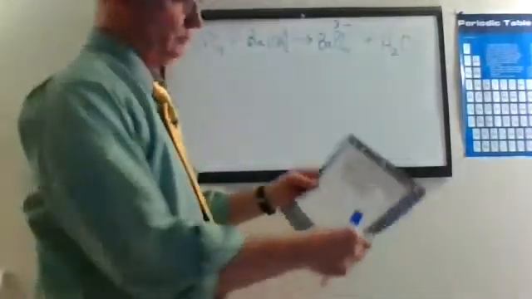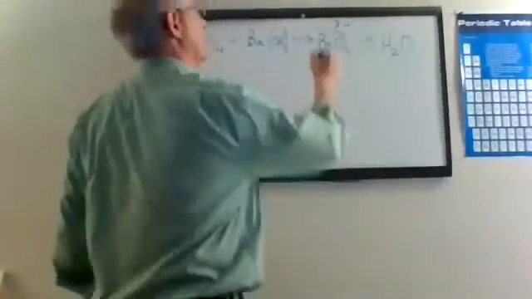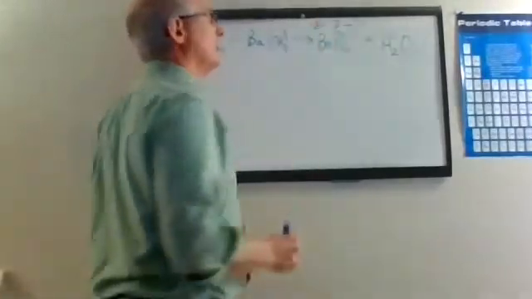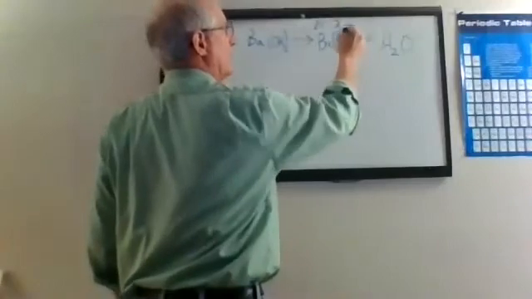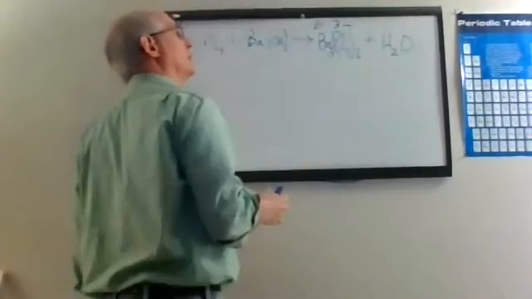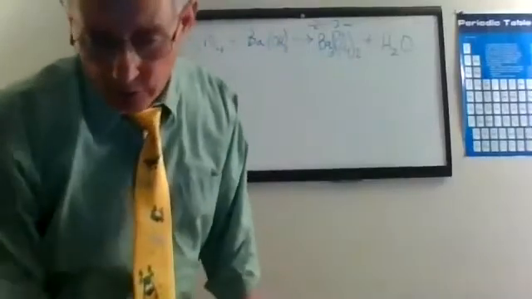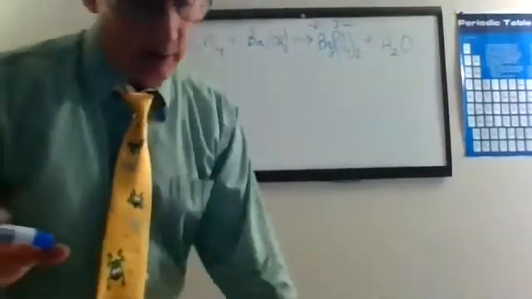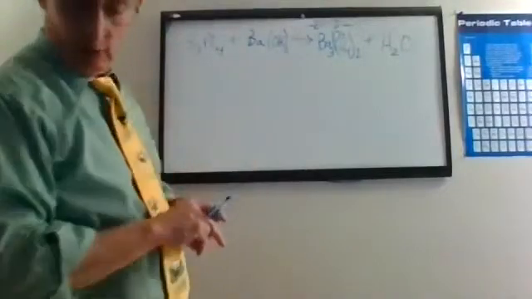And barium on the periodic table is 2 positive. So crisscross that. Got that? Boom. Water's written correctly. That one, they gave it to us, so it must be right. And the other one they gave to us, so it must be right. So we'll leave them alone.